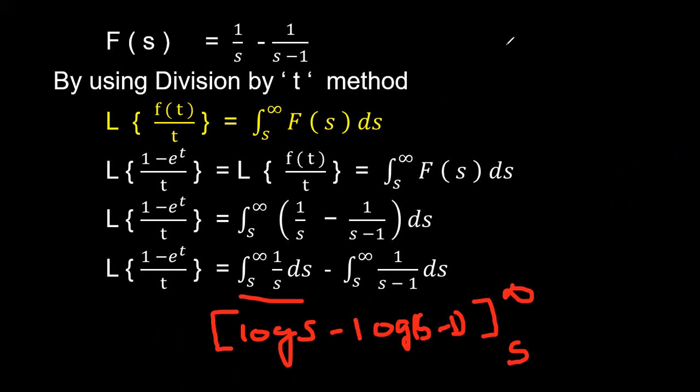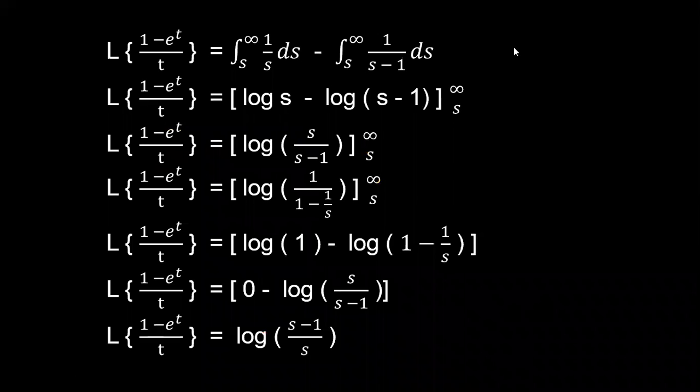This is the way you have to simplify the given integration function using different types of methods or different types of problems. So I can write this one as log s and this one as log s minus 1. Why? Because the denominator's differentiation value will be present at the numerator for the first term, and also for the second term it will be the same.